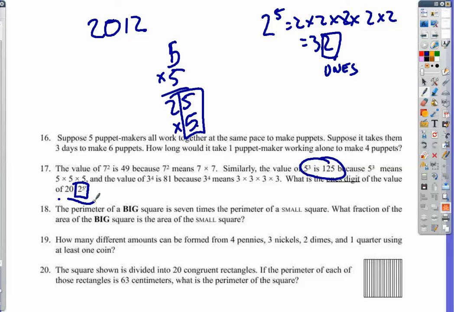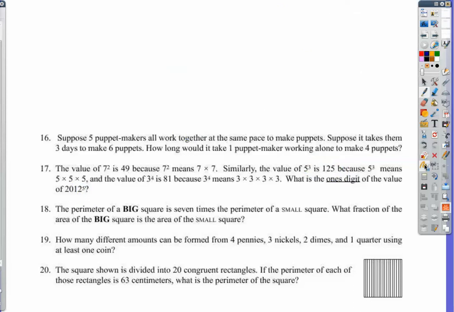The ones digit is always going to be the first digit to whatever power. Now obviously 2 to the 5th isn't too bad. You can go through it really quickly, but I want to take a look at a bigger problem so that conceptually we have a chance of getting things that are a little bit harder.